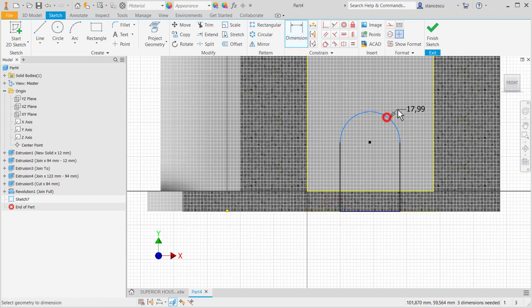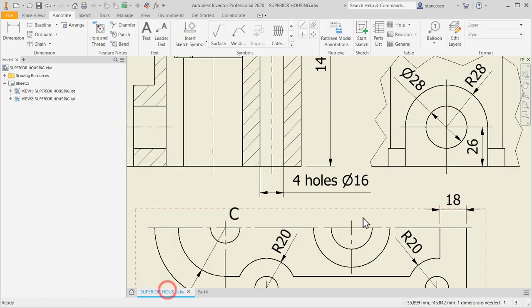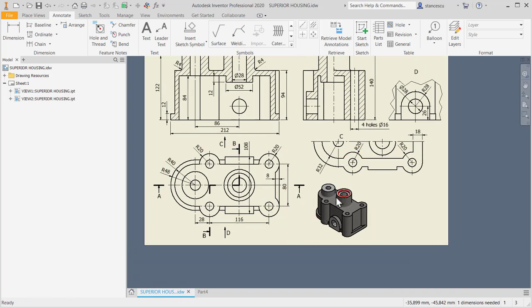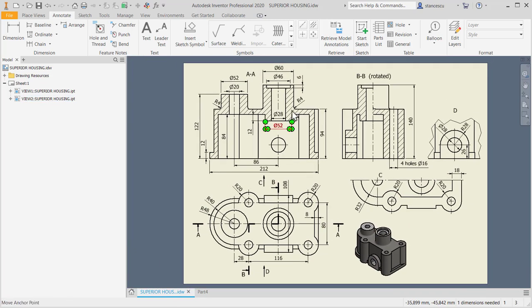Radius 28 and distance 26 from the base. Position. Position is on the same plane with this last construction. Good.